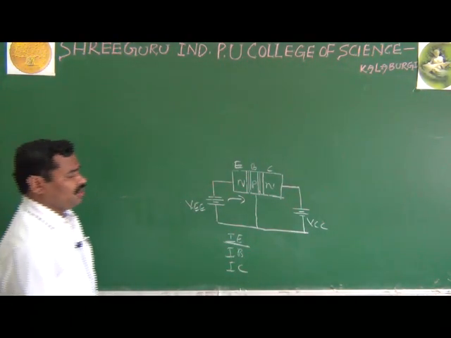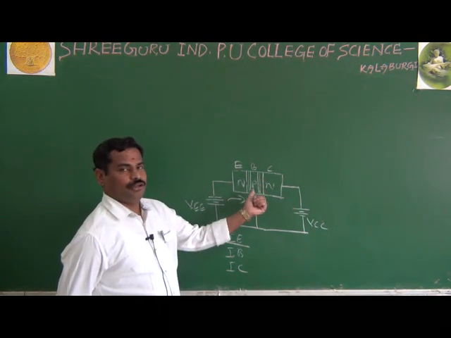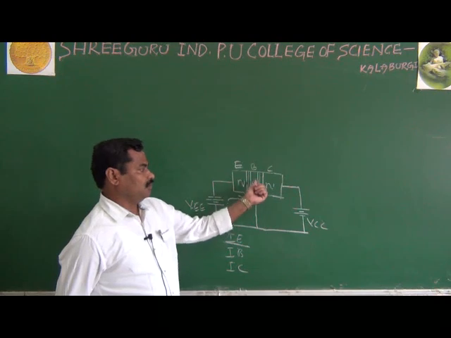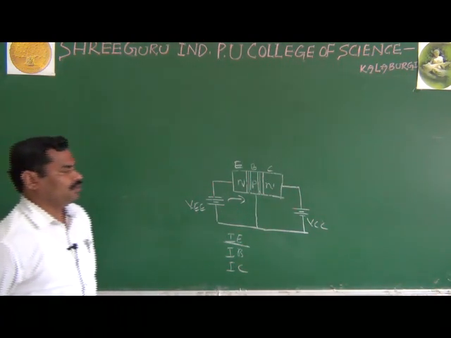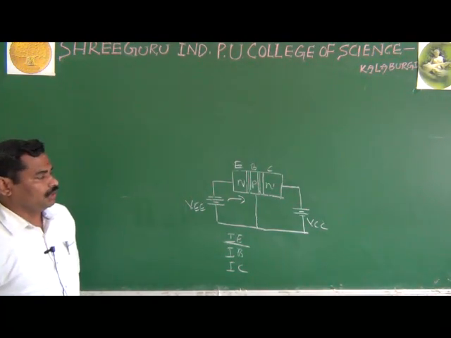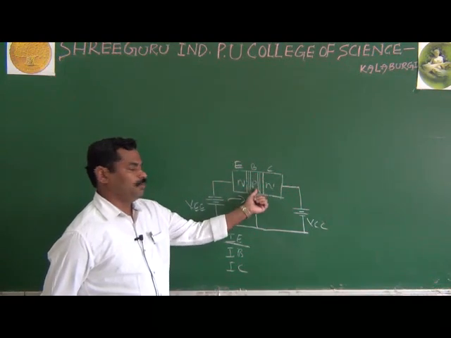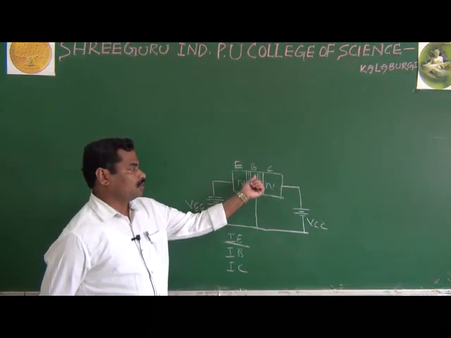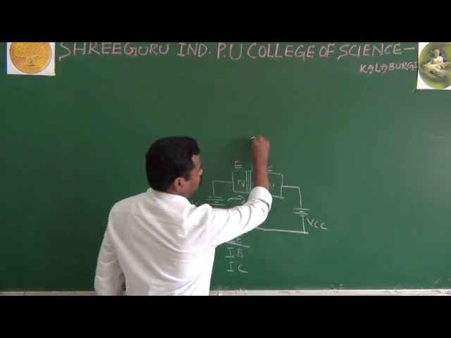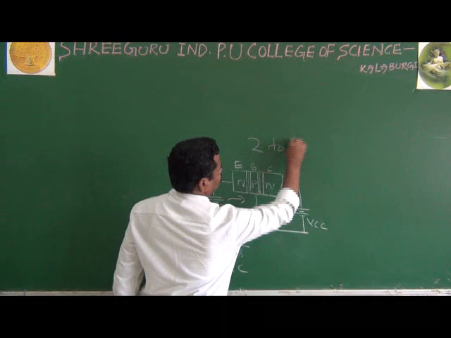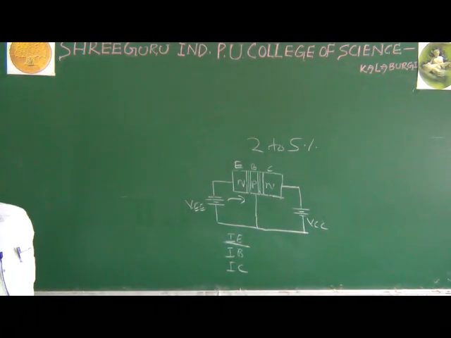Here, as I said yesterday, we have purposely made the base very lightly doped. Because it is very lightly doped and very small, of the electrons that come towards the base, only 2 to 5% recombine in the P region.